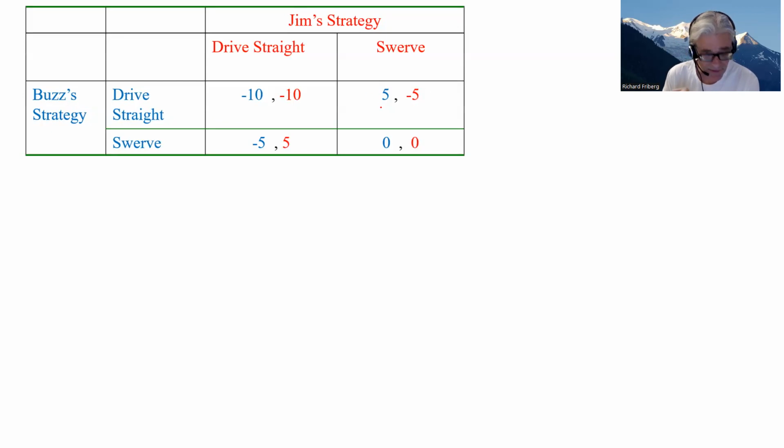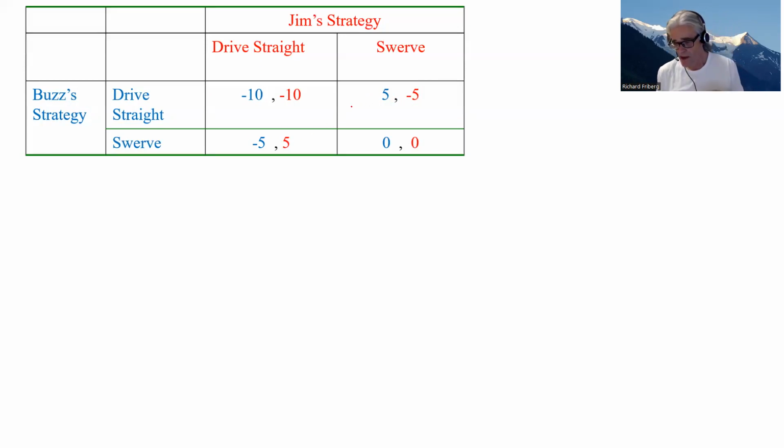If Buzz drives straight and Jim chickens out, the payoffs are reversed, and if they both chicken out, the payoffs are normalized to 0. So it's a live and let live kind of strategy where neither loses in relative ranking. And this is what we could call an asymmetric coordination game if it's played as a simultaneous game. We have two sets of equilibria, swerving, no swerve.